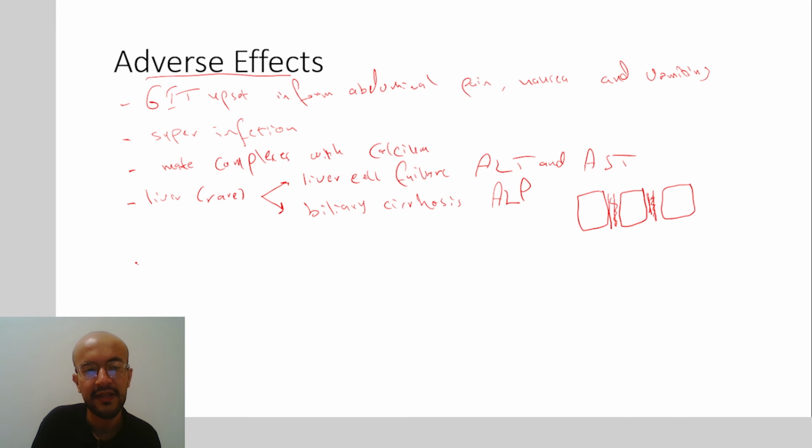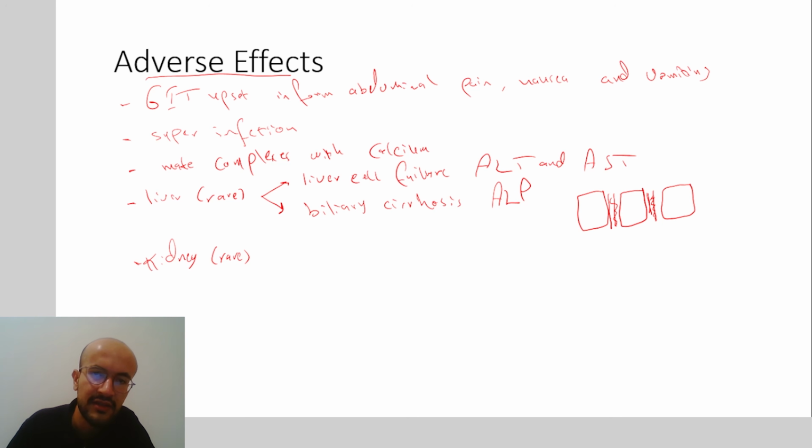We also have kidney side effects, and those also are rare. The tetracyclines lead to blocking of the V2 receptors in the collecting duct of the nephron, and as we know, the V2 receptors are controlled by the ADH, the antidiuretic hormone.